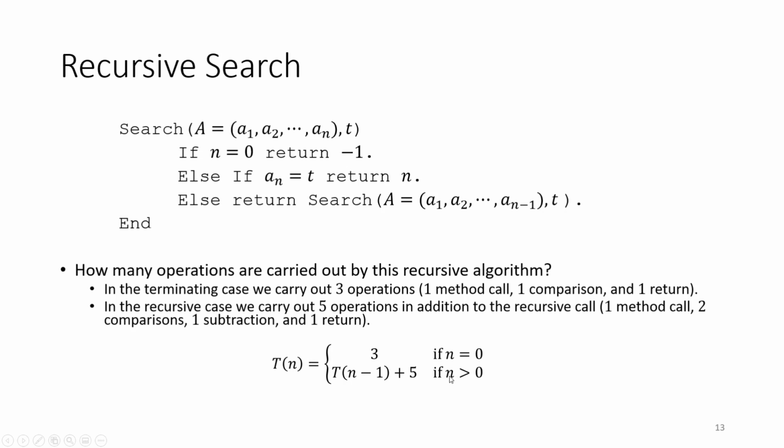Now notice it's slightly different from the last recurrence relation, because in this algorithm our terminating case actually is n equals 0. That comes out here in our recurrence relation as well. Now, if we actually change this to a 1 and a 1, is that going to change this recurrence relation? Not in its asymptotics, not in its big theta, its big O, and its big omega.